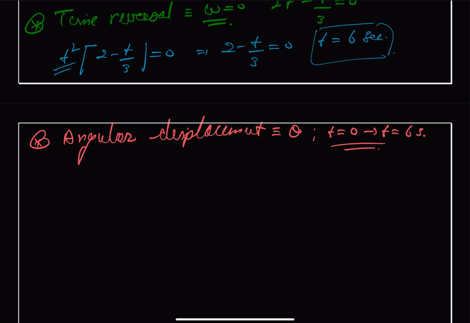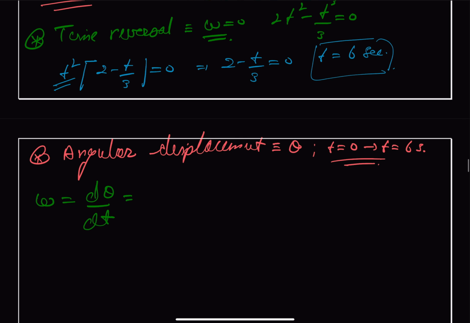We know that omega is equal to d theta upon dt, and omega we already know is 2t square minus t cube by 3.